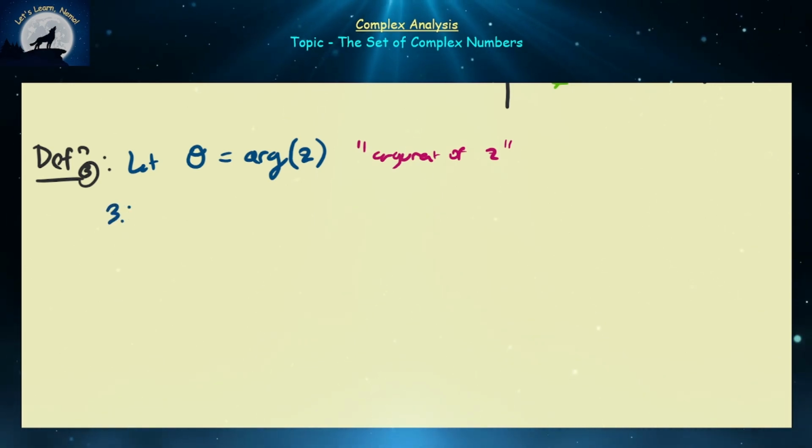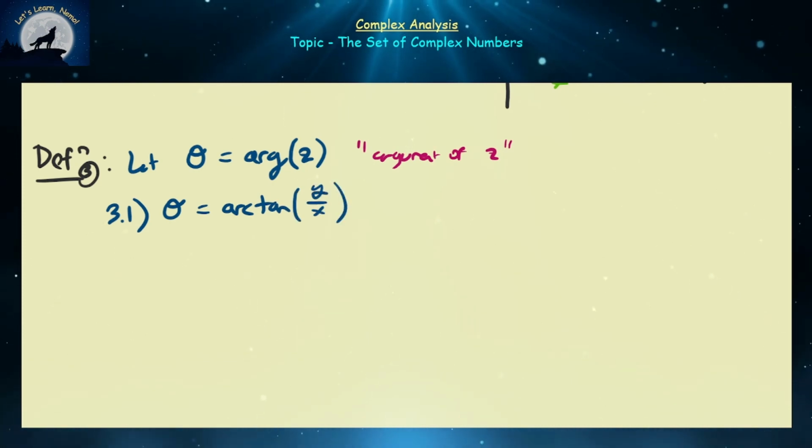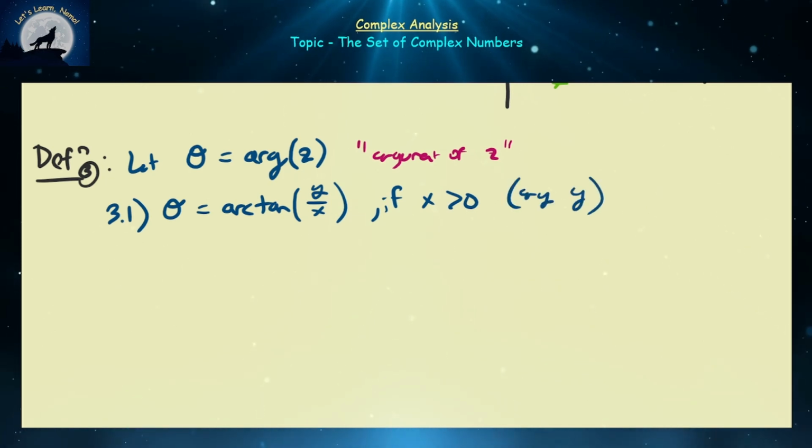So for 3.1, we'll define the classical or basic one. So theta will be equal to the arctangent of y over x if x is strictly greater than 0 for any value of y.